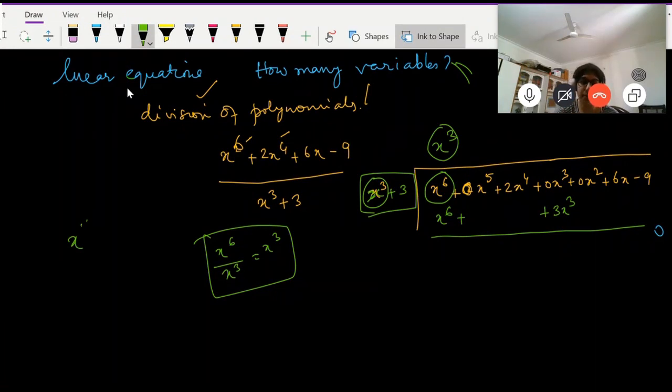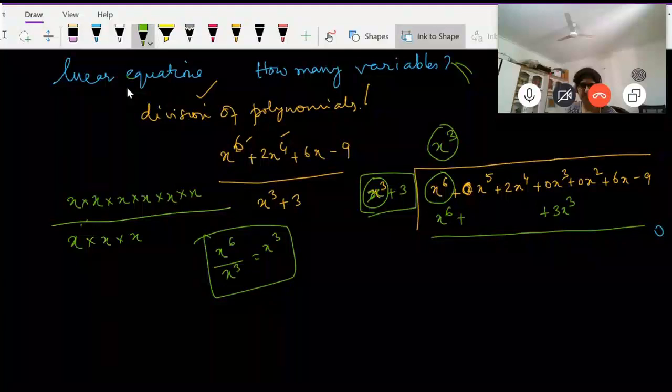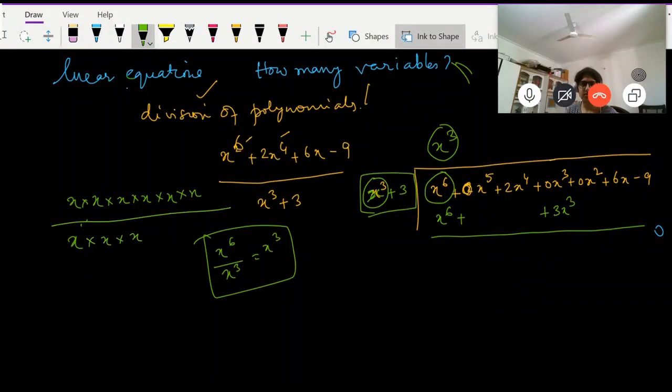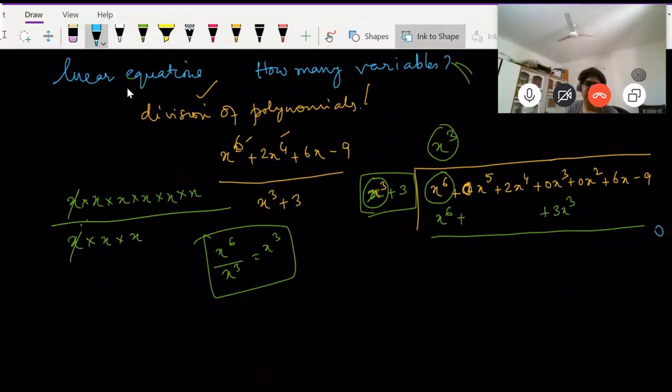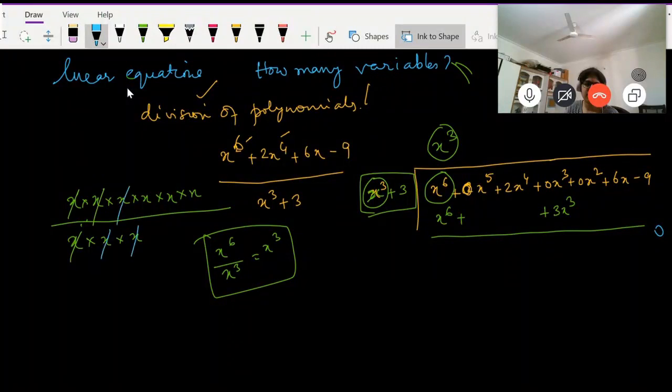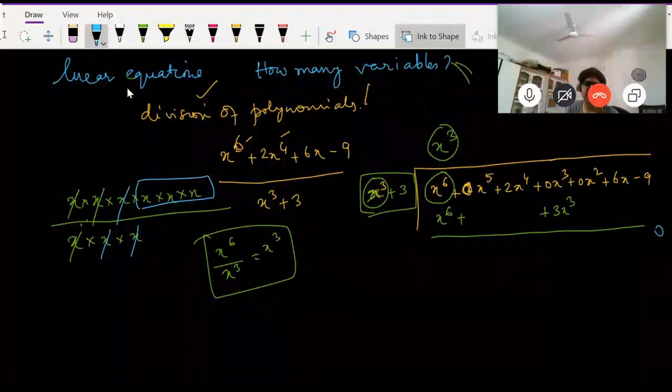But what is x6? x into x into x into x into x into x, right? And I'm dividing this by x into x into x. So what happens? 1, 2, 3. How many are left? 3.